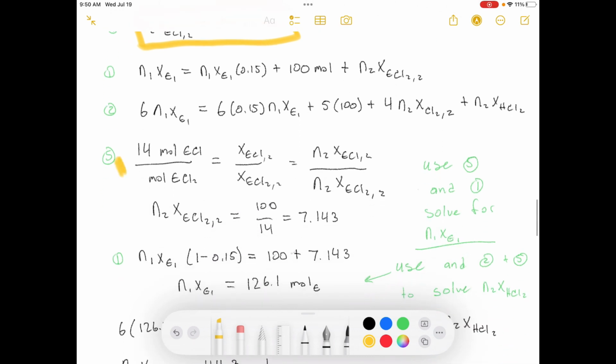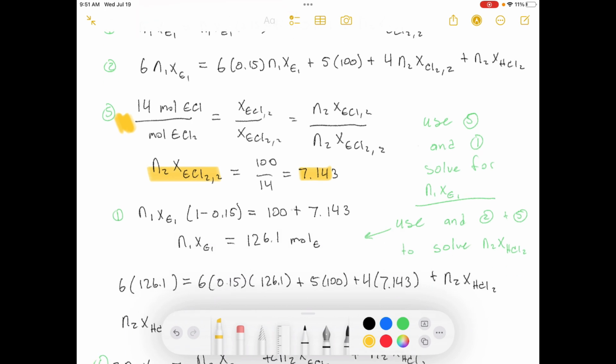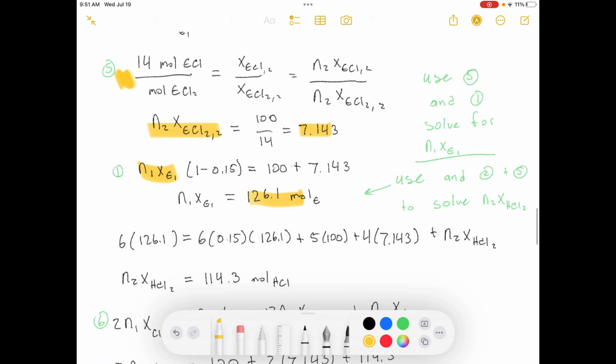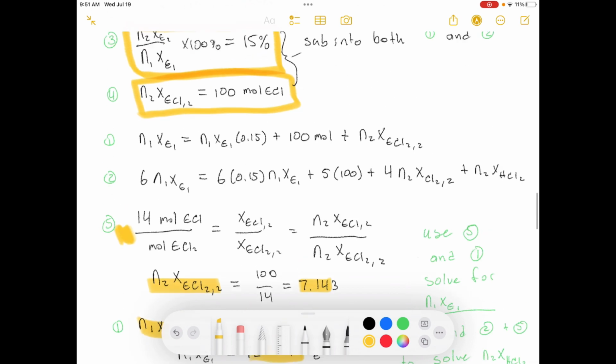They also gave us 5 as another process specification. So we're able to calculate this value, and then we're able to calculate this value from equation 1 and 5, and then use 2 and 5, okay?